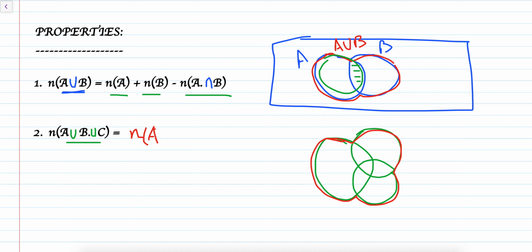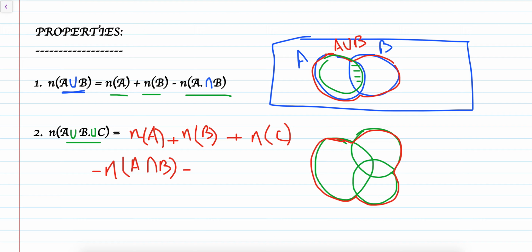So this will be N of A plus N of B plus N of C. So we have added this, we have added this, we have added this. So this part was added, this common part between A and B was added while adding A and B. So we will subtract N of A intersection B. Similarly, while adding B and C, we added this region twice.